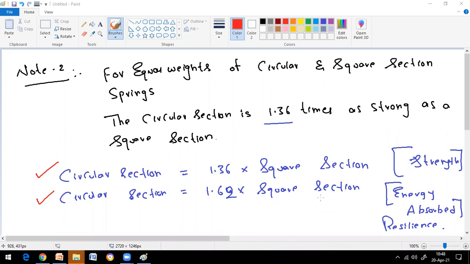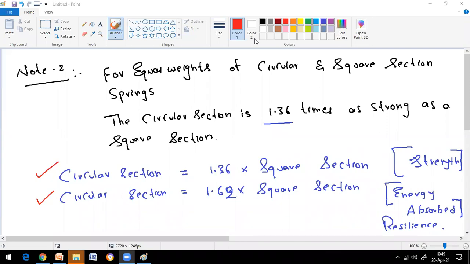So when I'm telling it as an equal weight, can't I take the volume as equal? Yes or no? Yes, sir. Right. So with that statement, when the members are having an equal weight, I can consider their densities are equal.